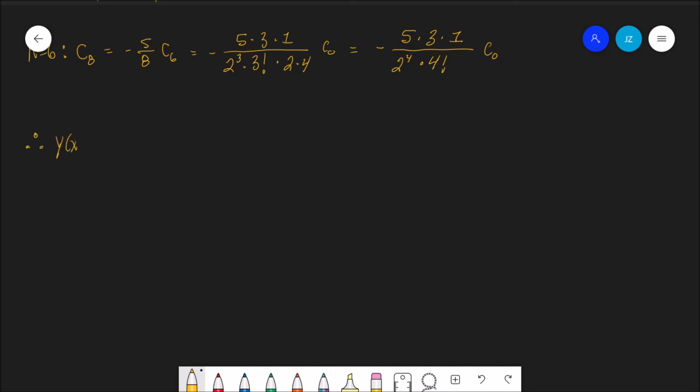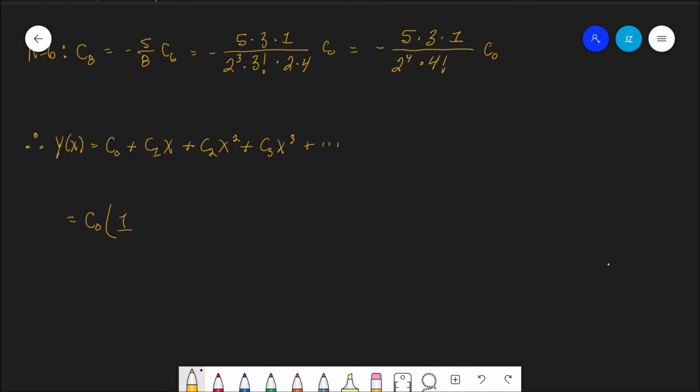So the general solution, so the form c0 plus c1x plus c2x squared plus c3x cubed plus so on and so forth. So this is going to equal c sub 0 times, remember, c0, c2, c4, so on and so forth can all be written in terms of this c sub 0 term. So what do we get?